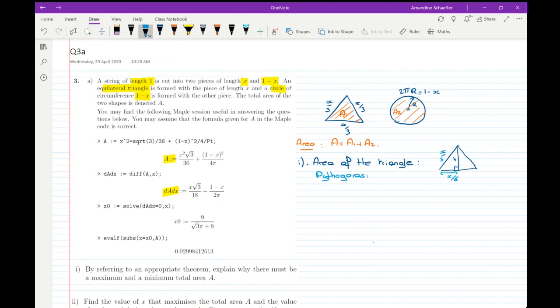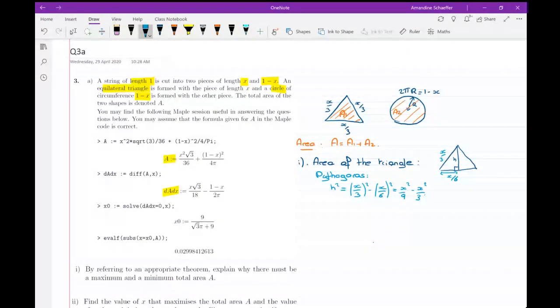And from Pythagoras, we have that h squared, again, that's really high school, is going to be x on 3 squared minus x on 6 squared, which is x squared on 9 minus x squared on 36.